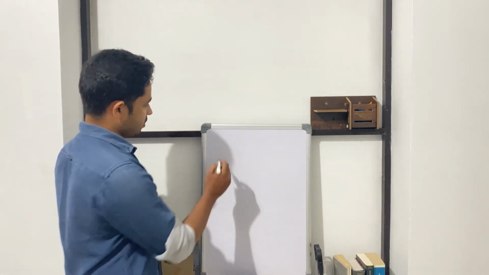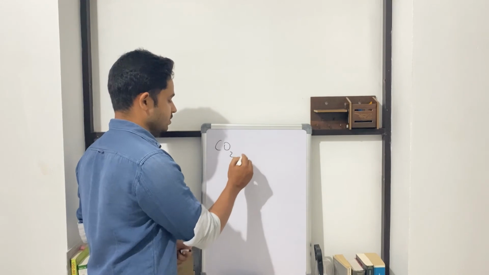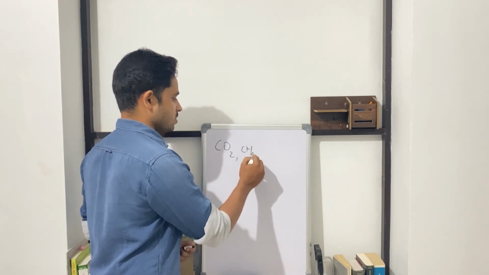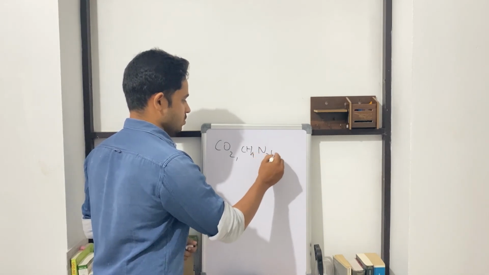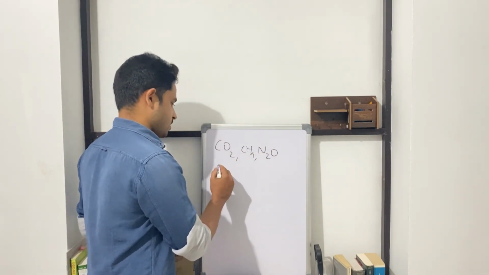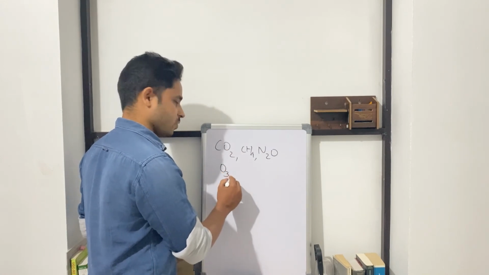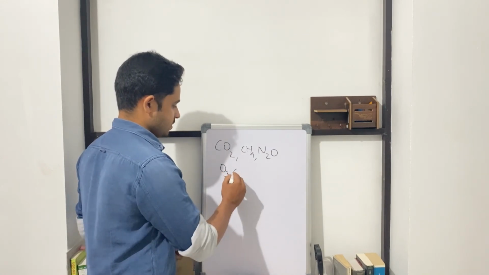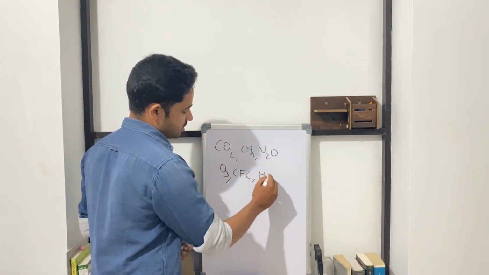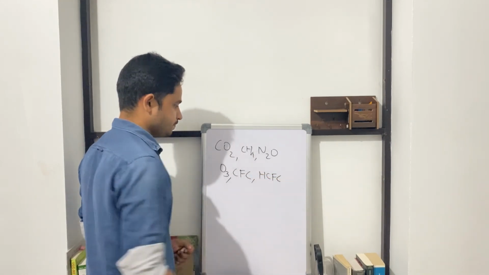In our last video, we have discussed about the major gases that causes climate change. They are CO2, CH4, N2O, nitrous oxide, CH4 is methane, ozone, O3, CFC, chlorofluorocarbon, HCFC, hydrofluorocarbon.